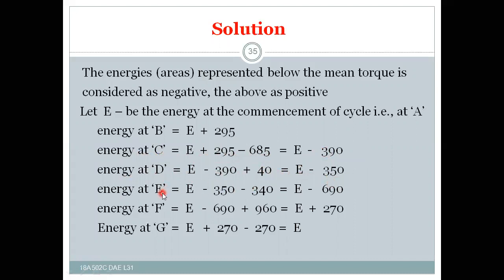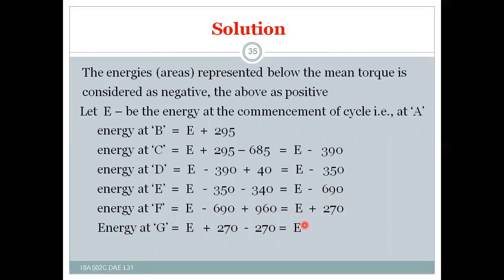At E, by the same method, E minus 350 minus 340, that you will get E minus 690. And energy at F is equal to E minus 690 plus 960, that is E plus 270. And energy at G, finally, is E plus 270 minus 270, that you will get E only.